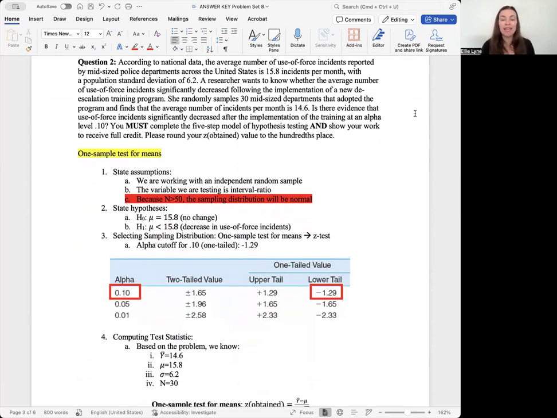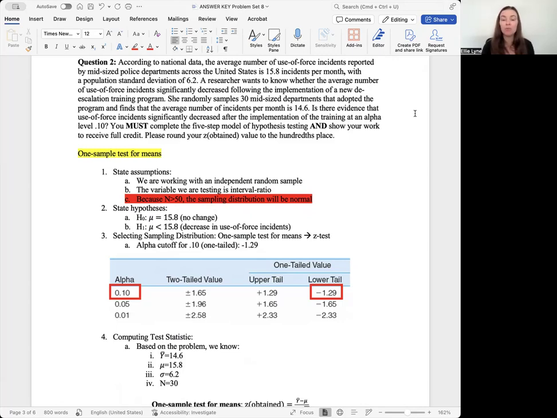According to national data, the average number of use of force incidents reported by mid-sized police departments across the United States is 15.8 incidents per month, with a population standard deviation of 6.2. A researcher wants to know whether the average number of use of force incidents significantly decreased following the implementation of a new de-escalation training program.